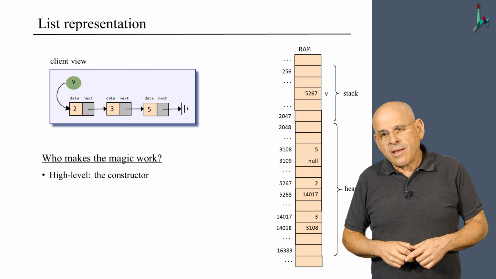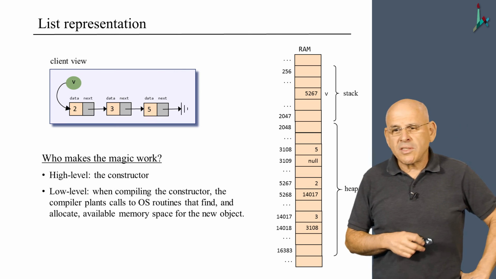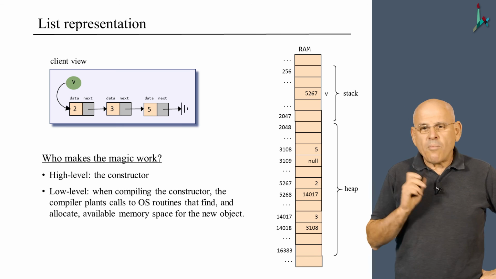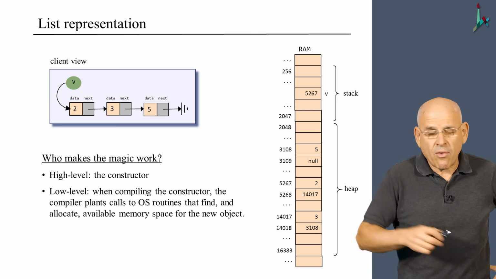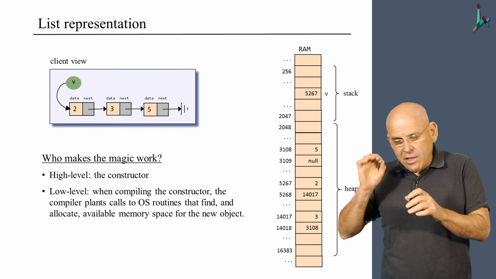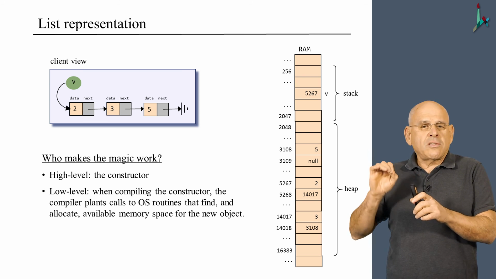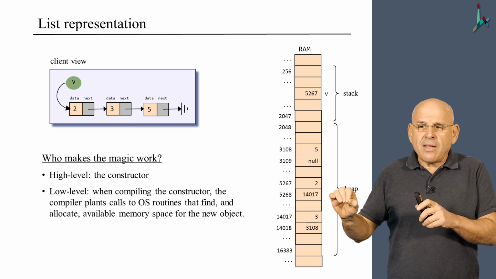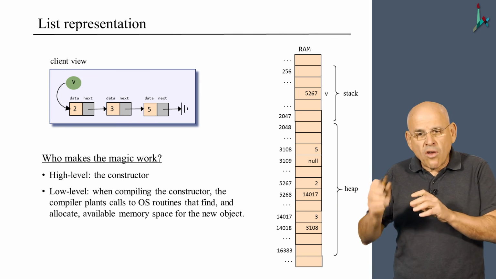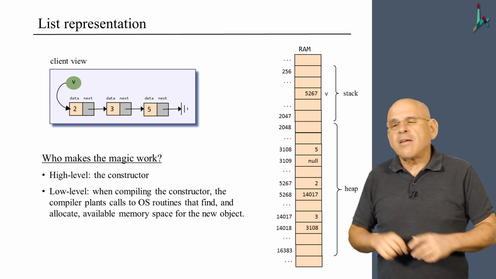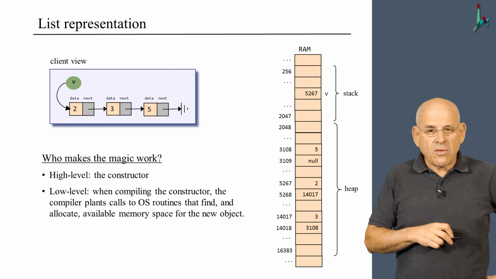But if you are interested to go below the surface, as obviously we do in this course, then you should know that when the compiler translates the constructor's code that the high-level programmer wrote, the compiler is going to inject into the code stream calls to the operating system, and these calls are going to invoke routines that know how to find available memory for the new object and assign it to this object.